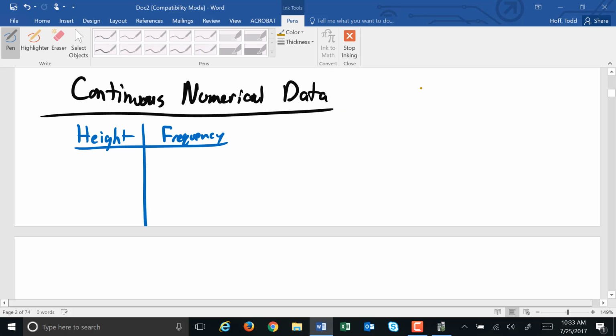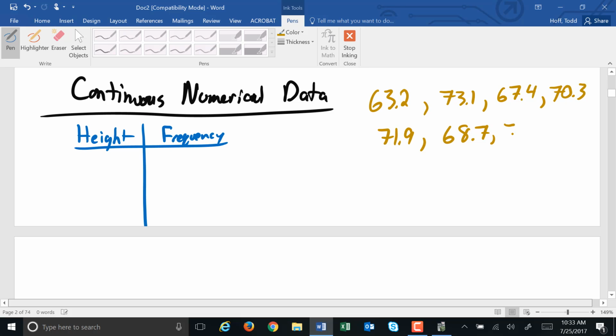Well, if I'm listing the heights of people, I might have 63.2 inches, 73.1 inches, 67.4, 70.3, 71.9, 68.7, 70.1, 65.2.